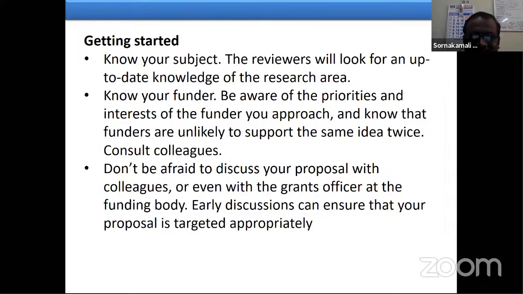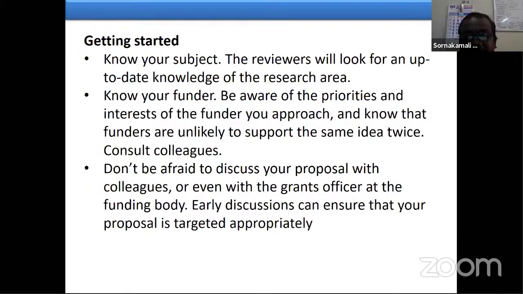First thing, we have to know our subject area, because reviewers always look for updated knowledge in the research area. Then know your funder. We have 36 funding agencies in India, so one proposal cannot be submitted to another funding agency. Each and every funding agency has its own mandate. So accordingly, we have to write the research proposal according to the funding agency.